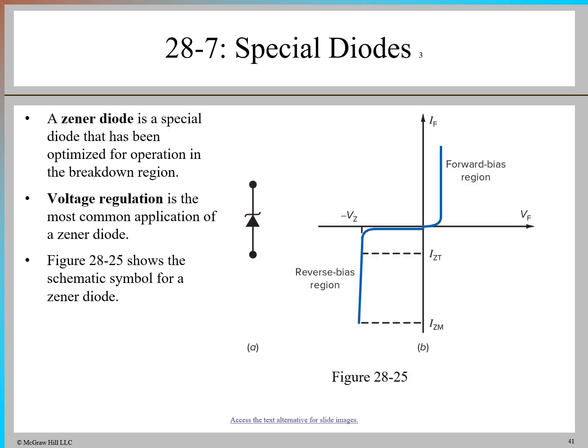A Zener diode is designed for operation in the breakdown region, unlike regular diodes that should not be operated near breakdown. The primary use of Zener diodes is in voltage regulation, where they are connected in parallel with the load to maintain a constant voltage despite fluctuations in current.